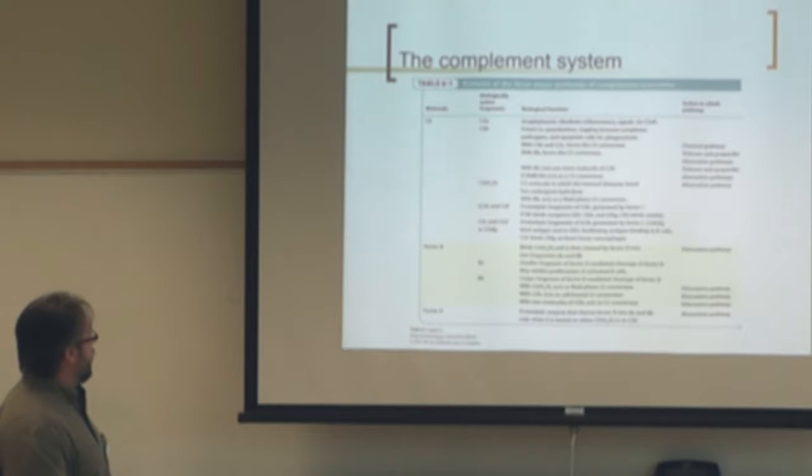And then we have our factor B. As you saw in the alternative pathway, factor B binds to C3H2O and is cleaved by factor D into two fragments, Ba and Bb. The smaller fragment, Ba, inhibits proliferation of activated cells. So nothing's wasted.